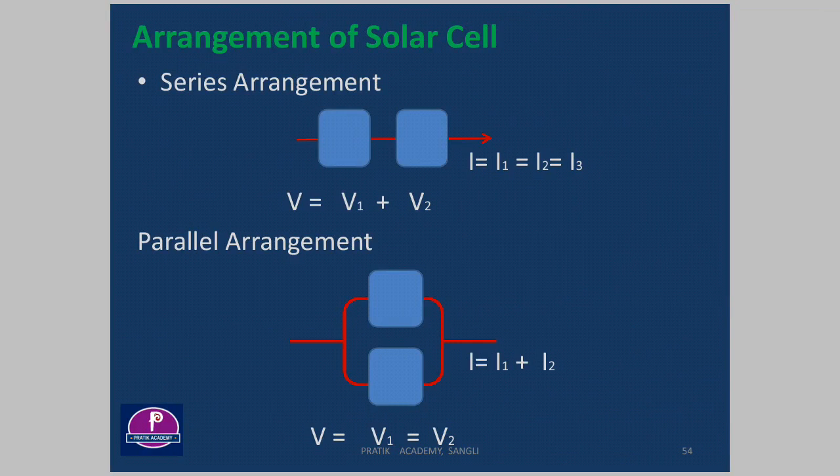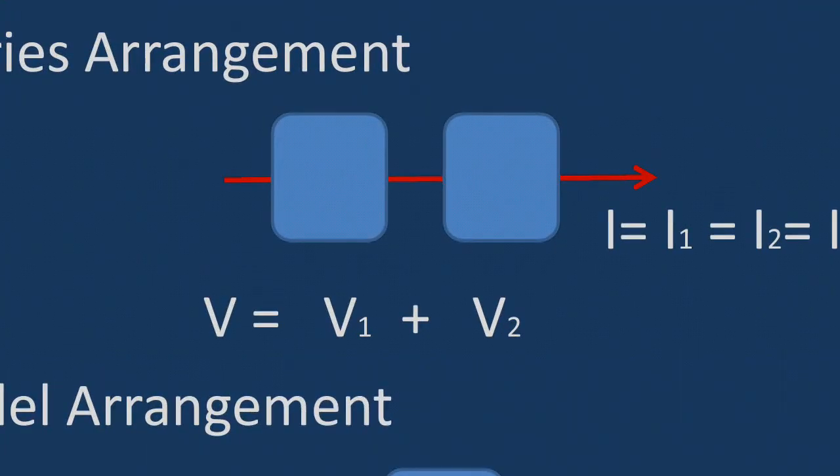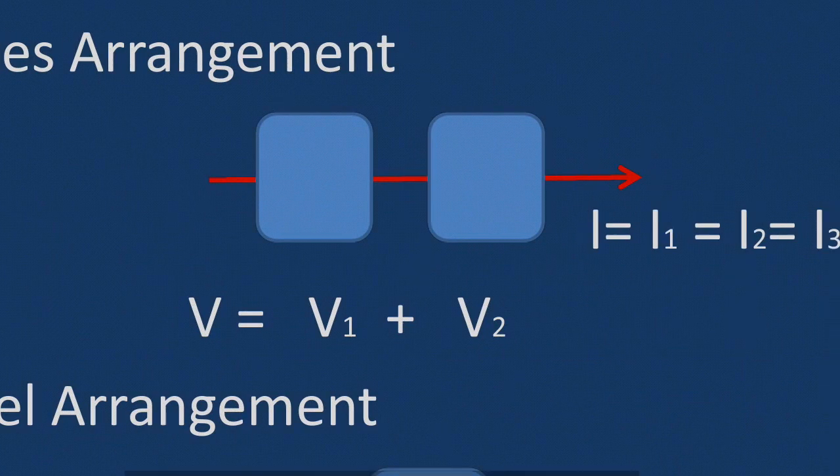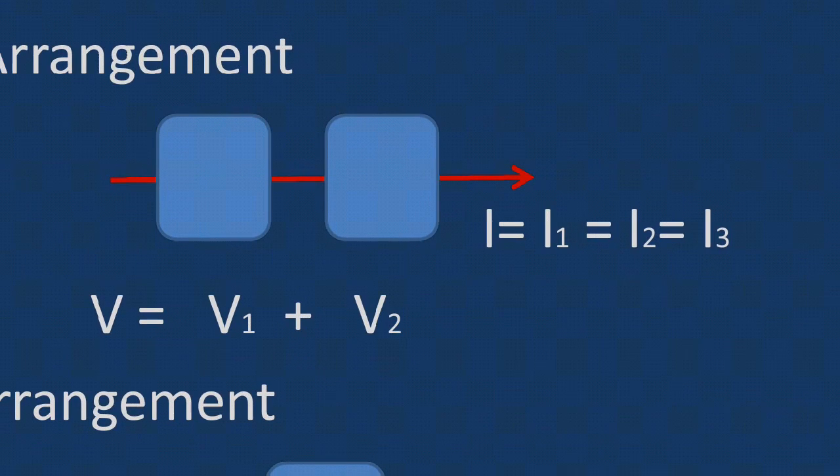Similarly, when cells are connected in series, the arrangement is called a series arrangement. Same properties here: when cells are connected in series, the current passing through each cell is the same, but the total voltage is the sum of the voltage of each cell.